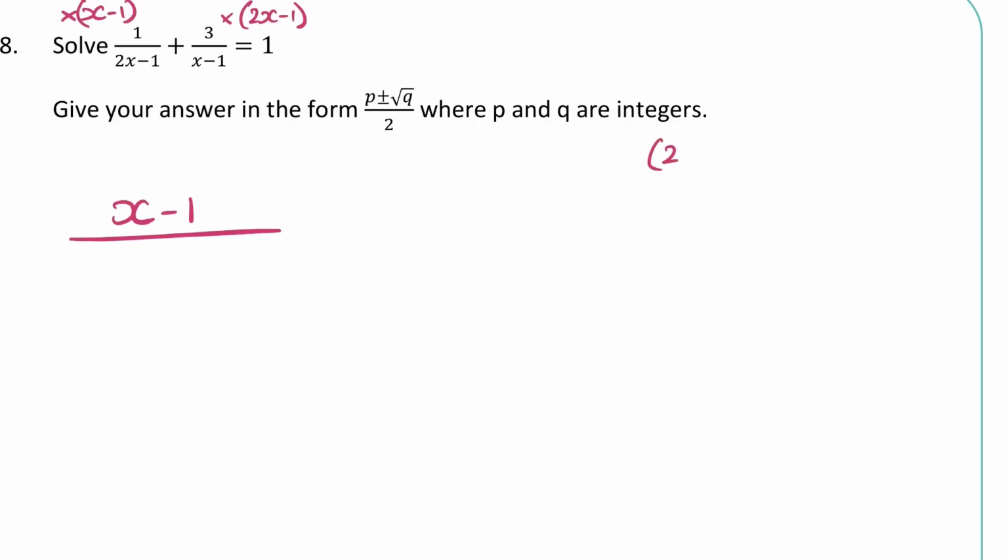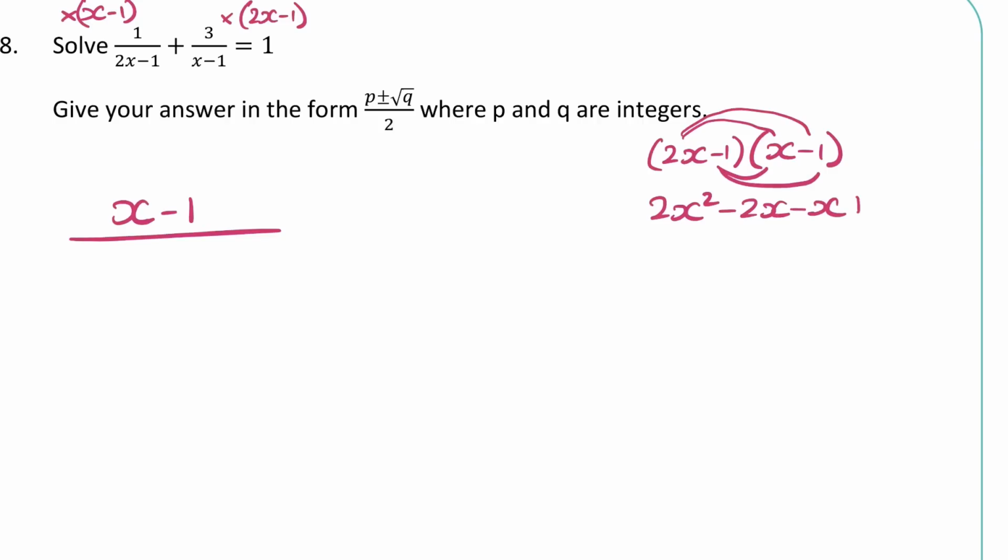I'm going to do it to the side. So 2x minus 1 and x minus 1. And if we expand that, that gives us 2x squared minus 2x minus 1x plus 1. So that's 2x squared minus 3x plus 1. So there's my denominator, 2x squared minus 3x plus 1.